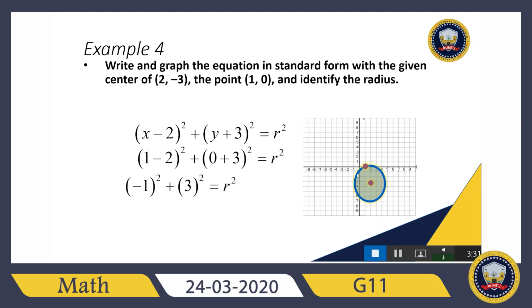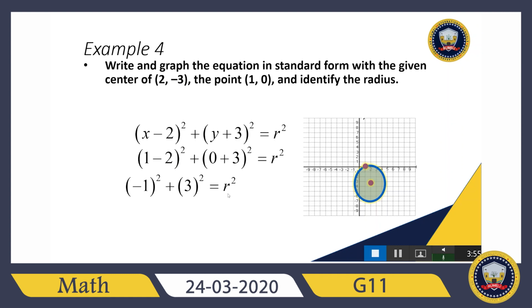Okay, using the distance formula with these two points, r squared equals (x minus x2) squared plus (y minus y2) squared. So basically (1 minus 2) squared, and (0 minus negative 3), which is plus 3 squared.